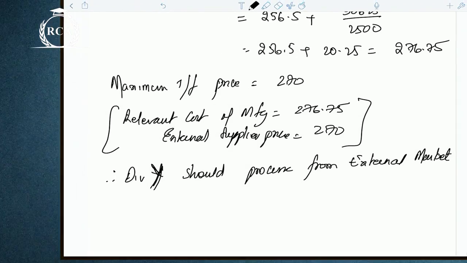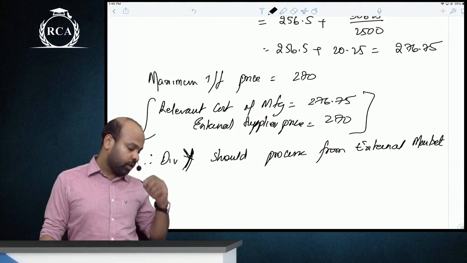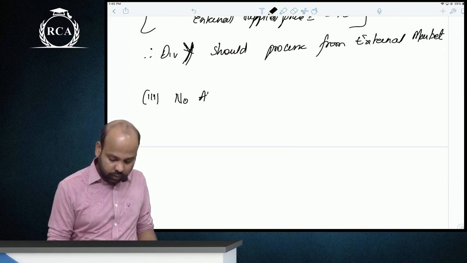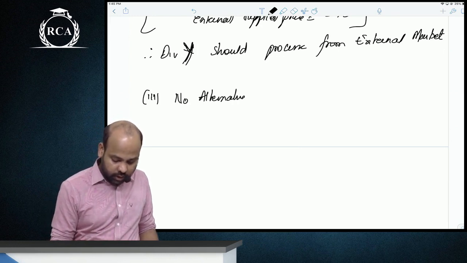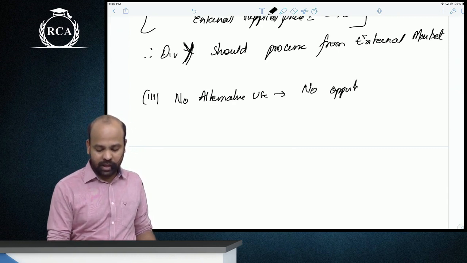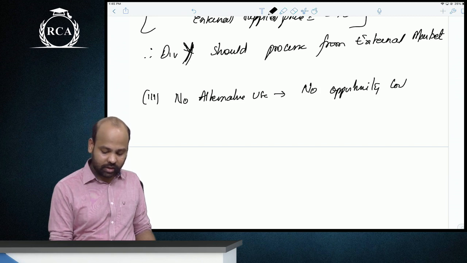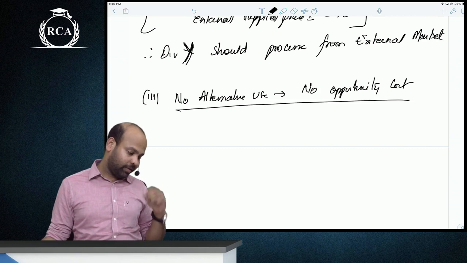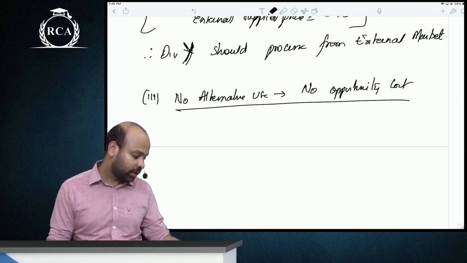Third bit now. If there is no alternative use for the production facilities of product X, which means there is no opportunity cost. Same bit again and again, but they're all very important. You'll have to score 10 on 10 in these bits.